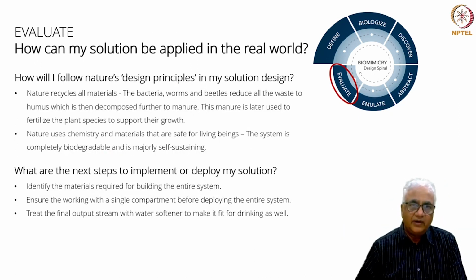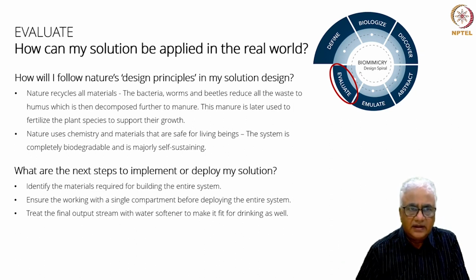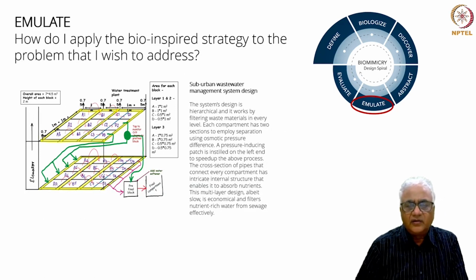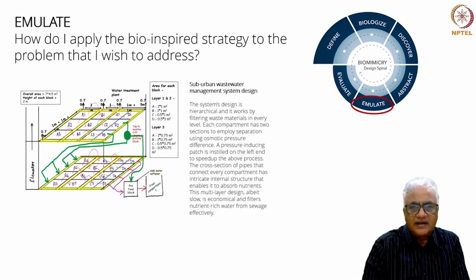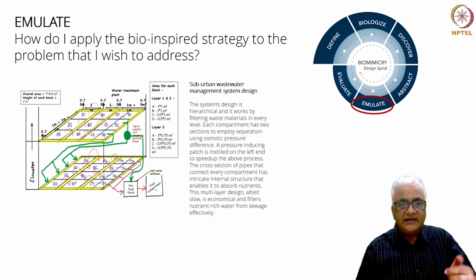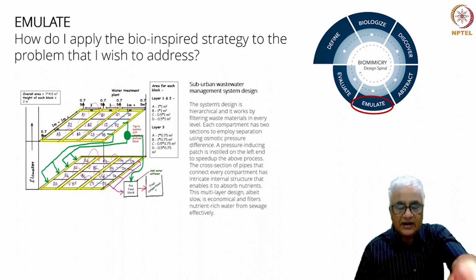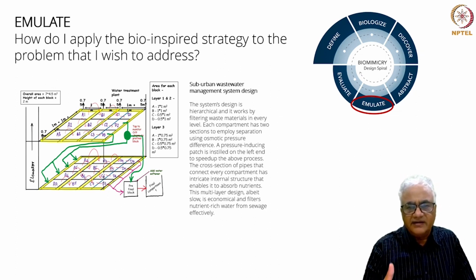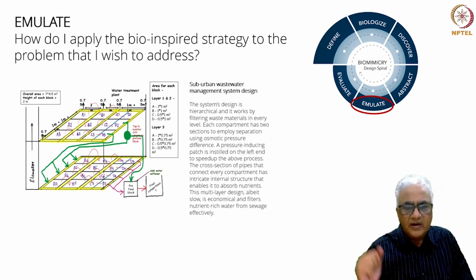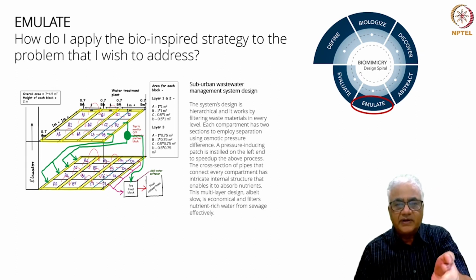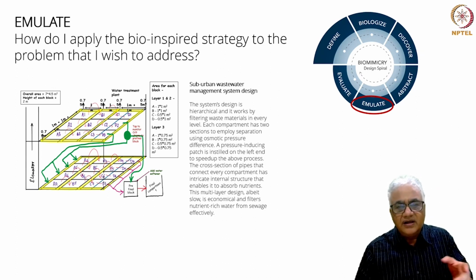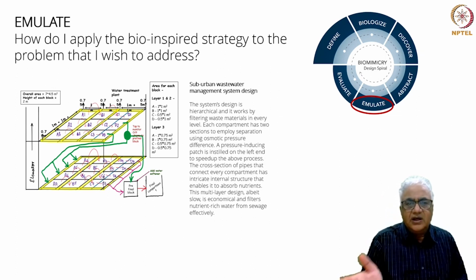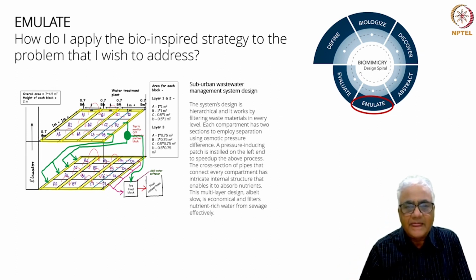And finally, of course, she's talking about evaluate. So from emulate, her emulate idea is a suburban wastewater management system design. She has written down the design. The system design is hierarchical and works by filtering waste materials at every level. So every level is being filtered. Each compartment has two sections to employ separation. So she's employing separation using osmotic pressure difference.